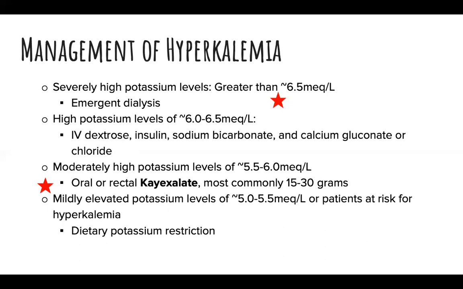If it's a little high, they may be administered oral or rectal polystyrene sulfate, which is K-exalate. K-exalate binds with the potassium in the body and excretes it rectally, so the patient has stool that comes out with potassium in it.